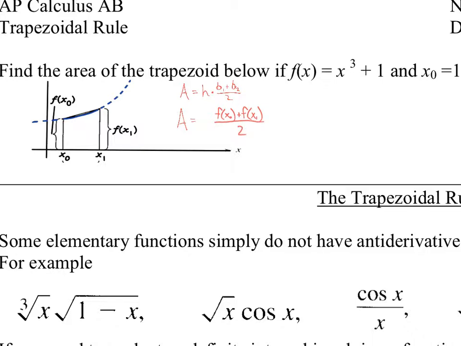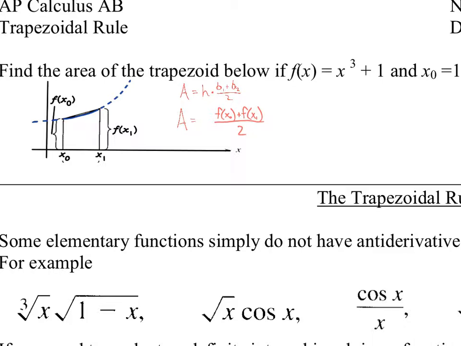And what is the height of this trapezoid going to be? x sub 1 minus x sub 0. If x sub 0 happened to be 0, then it would just be x sub 1, but we're going to subtract those, x sub 1 minus x sub 0.